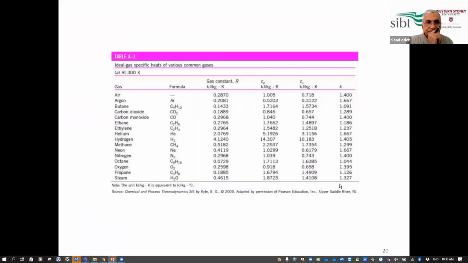For example, this table gives ideal gas specific heats of various common gases. This is table A2. In table A2, you have different subtables. The first one gives you the Cp and Cv, specific heat at constant pressure and specific heat at constant volume, for each gas.